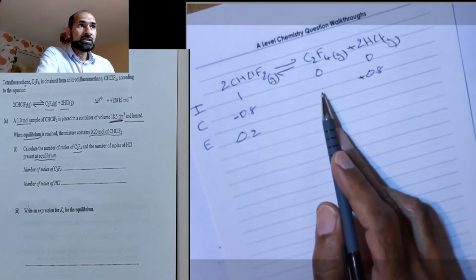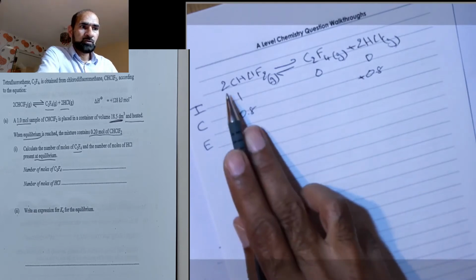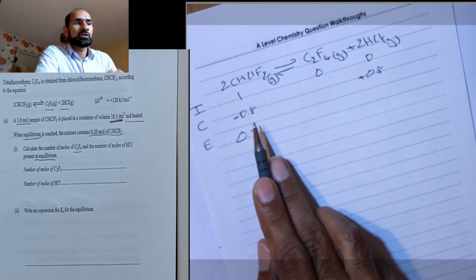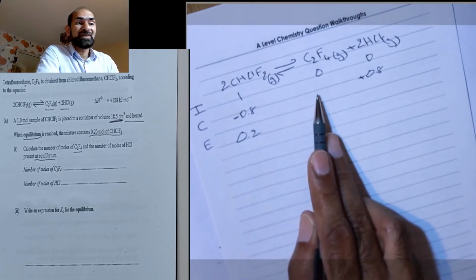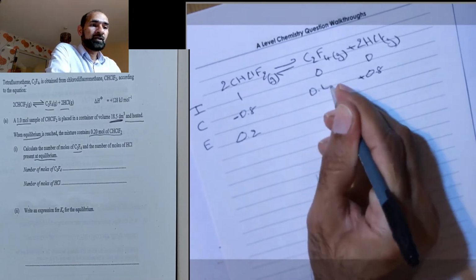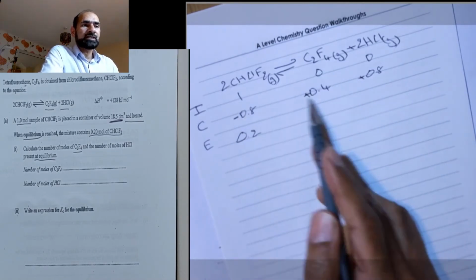And of course, this one is half of that. So 2 moles gives you 1 mole, therefore, if 0.8 moles have been used up, I must have obtained half of that, which is 0.4. And you must have added, because this becomes that.